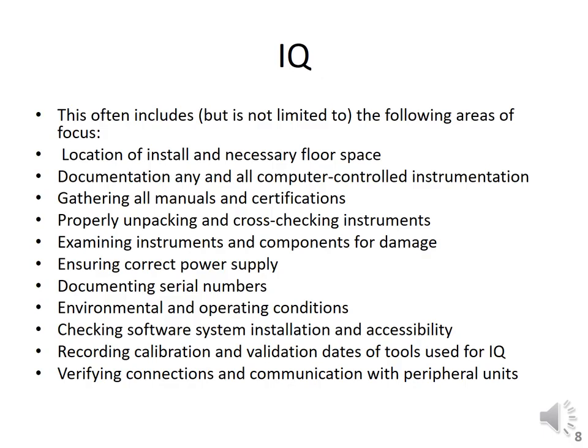Recording the calibration and validation dates of tools used for IQ. Whenever you are calibrating, installing or validating, you have to keep a record of all the dates. The last important point is verifying the connections and communications with the peripheral units. You need to verify all the connections and all the communications with all the peripheral units, so that you can perform well with that machine.